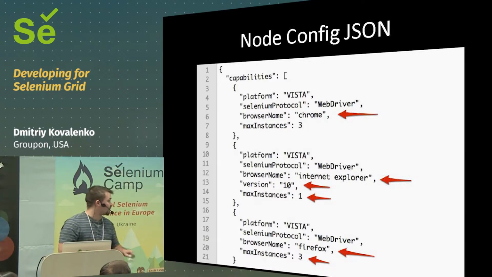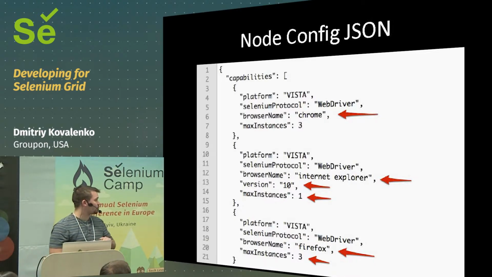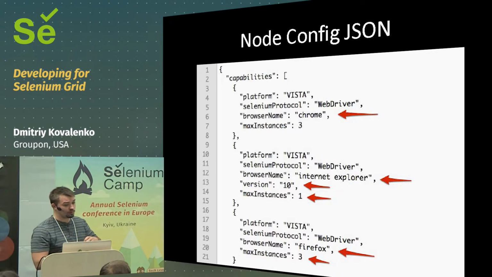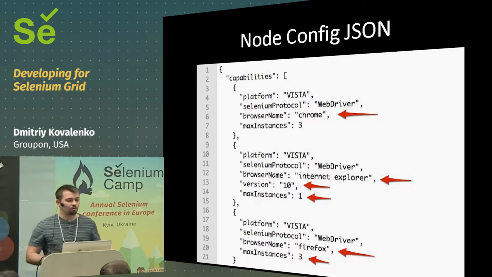This config is very important because in case of Internet Explorer, you should never have max instances of Internet Explorer more than 1, ever. The problem with Internet Explorer and Safari is that there is no concept of profiles. And so all of your history, all of your cache, all of your cookies are shared for the whole user.